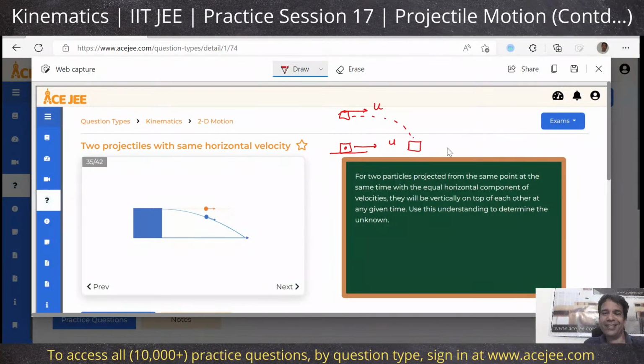Because they'll be covering the same distance in the horizontal direction. Fairly simple and straightforward. Yes? Correct, Peter?